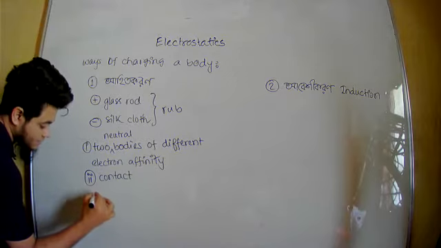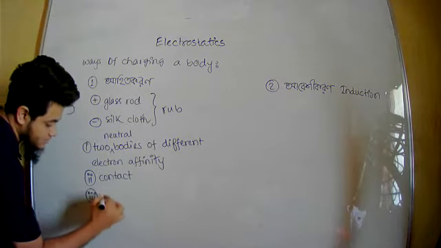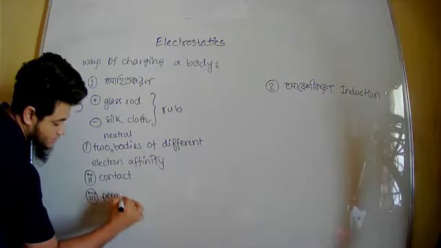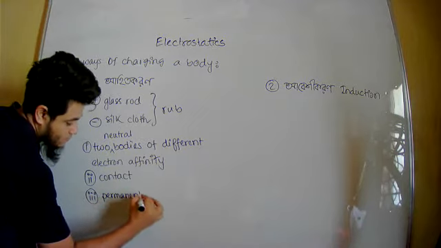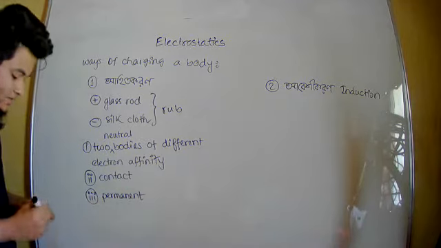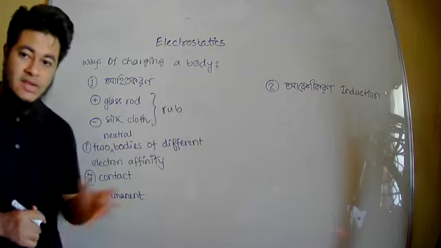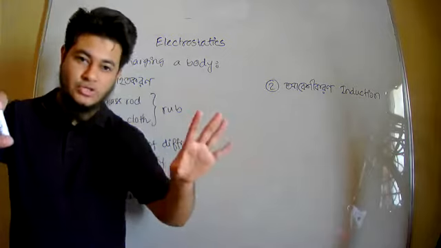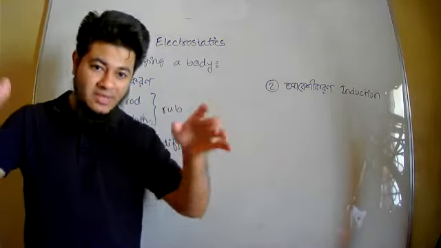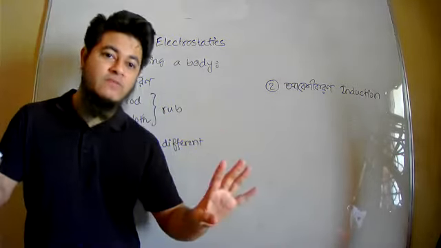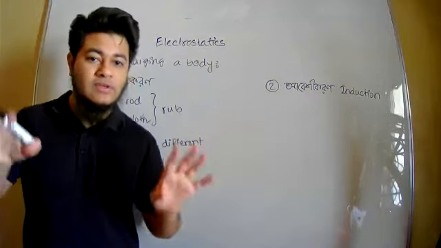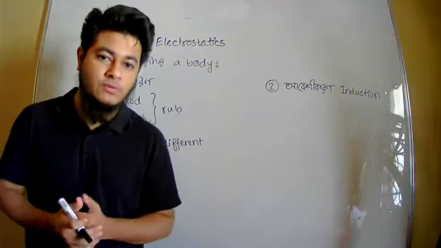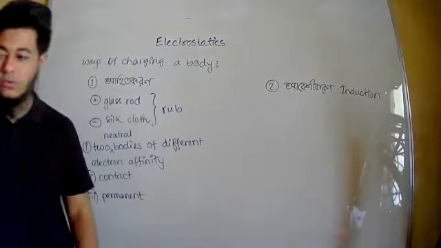And another characteristic of this process is that this is a permanent process. Why is this a permanent process? Let us say we have rubbed and we made both the bodies charged. Now, if I don't do anything else, forever they will remain like this, charged bodies.